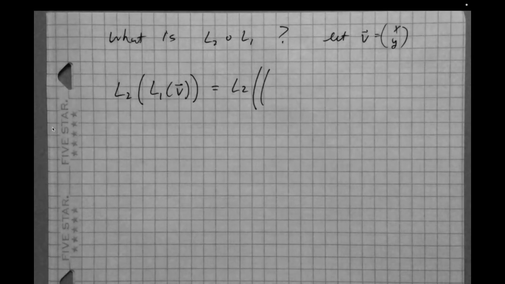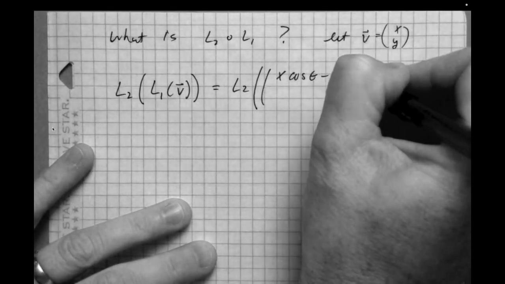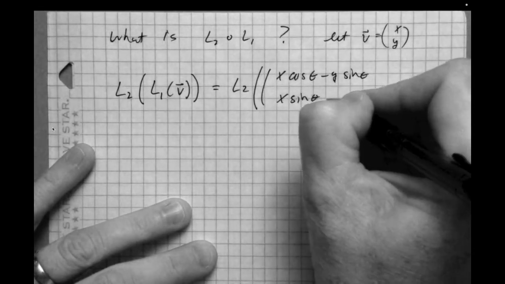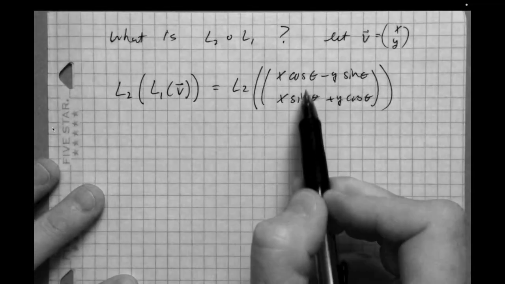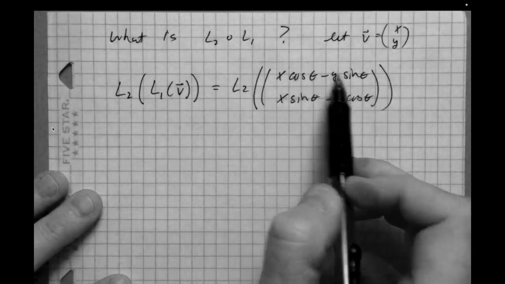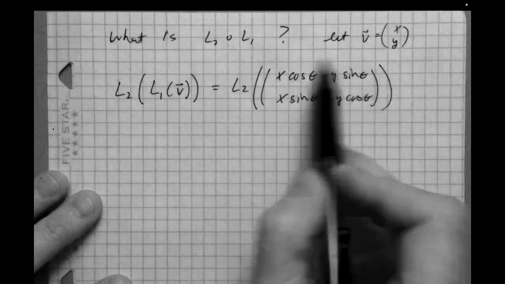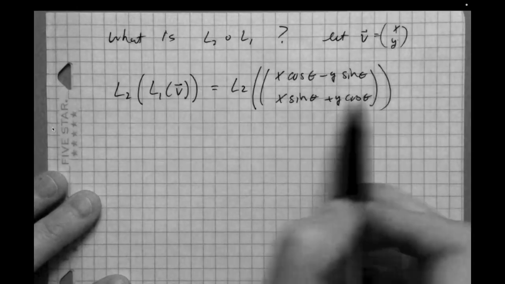But if I apply L1 to v, then I multiply cos theta minus sine theta, cos theta times xy, and I get x cos theta minus y sine theta, and then x sine theta plus y cos theta, right? So this is the vector that I get. xy is what I start with, and when I apply the rotation, I get this vector, right? The first component is the top expression. The bottom expression is what y becomes.